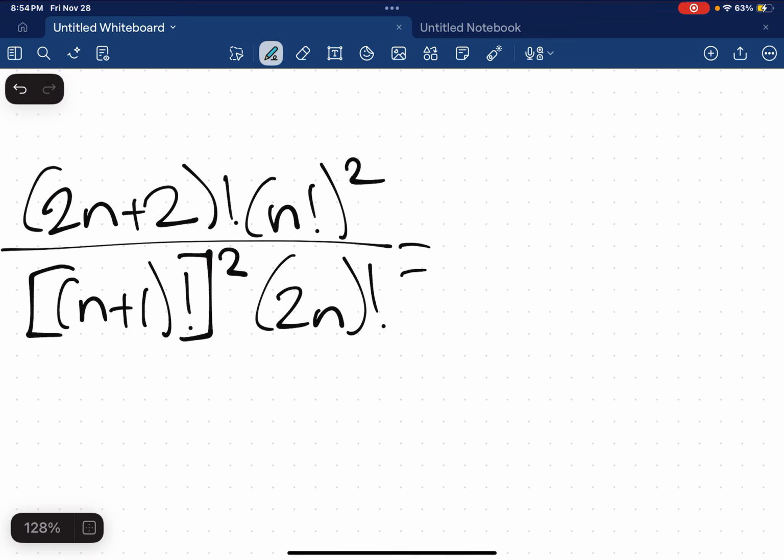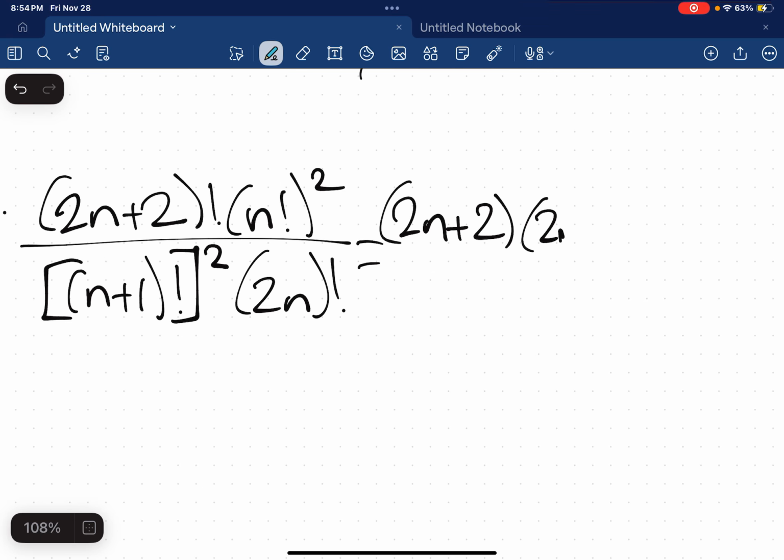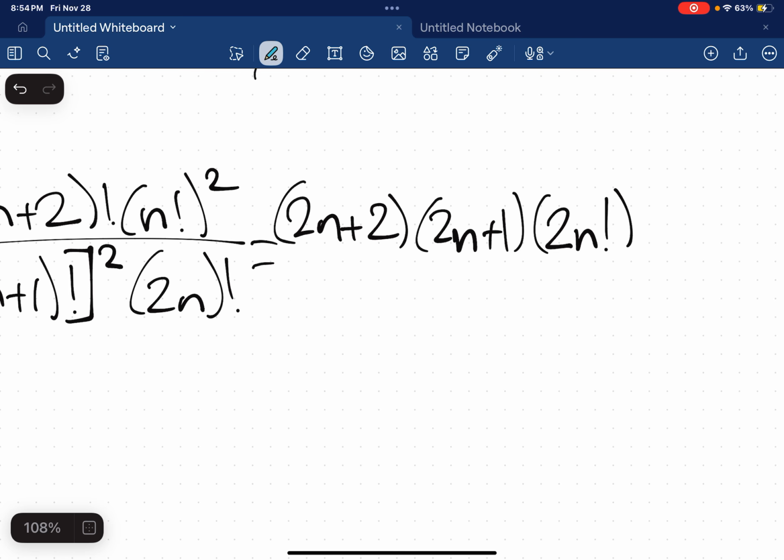is to get everything going. Let's just simplify all of these terms. So we'll have (2n plus 2), (2n plus 1). Now (2n) factorial, look at that.